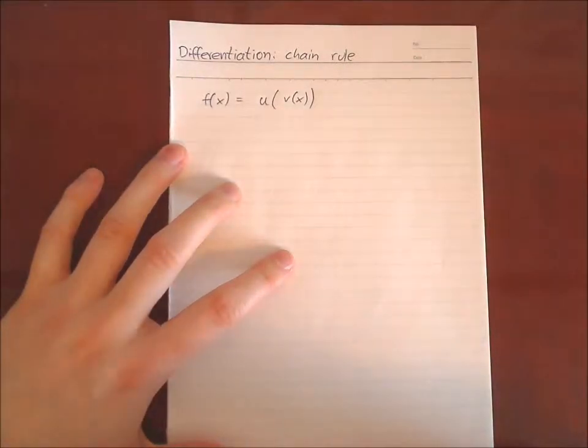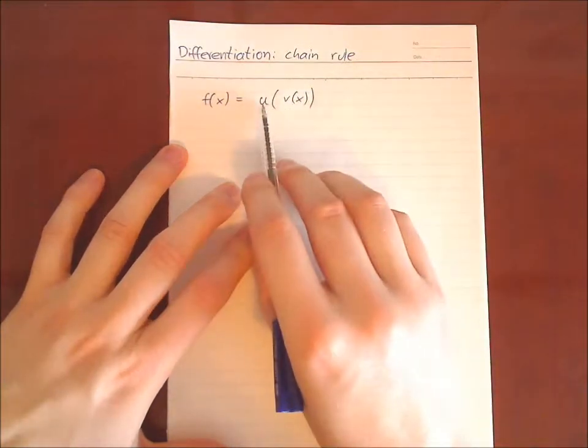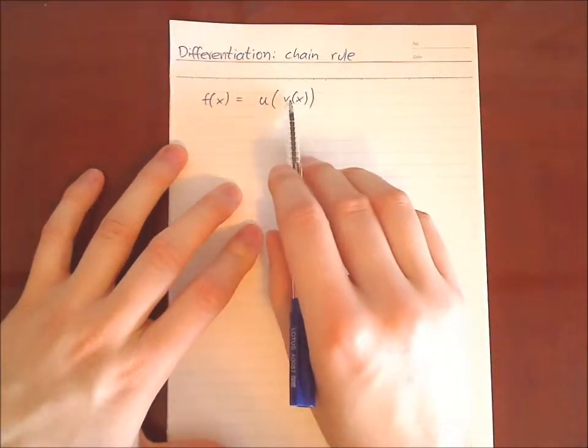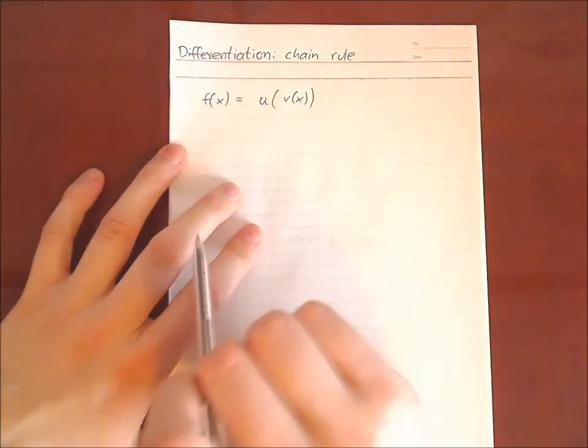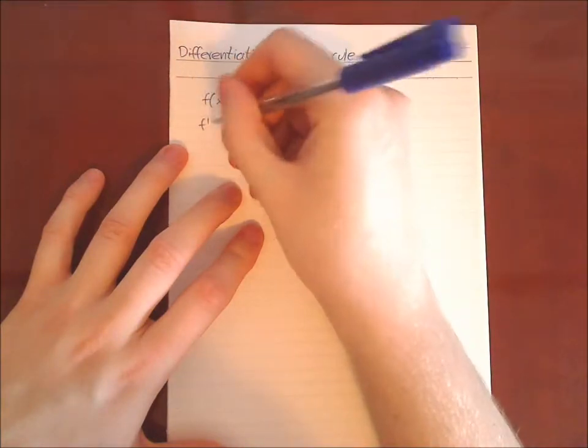And the chain rule says take the outer derivation times the inner derivation. So outer derivation would be we differentiate u, inner derivation would be we differentiate v. And that's what we are going to do with this function.